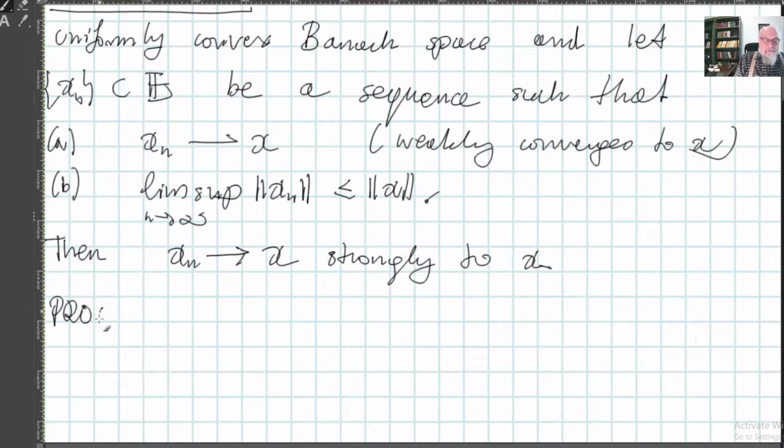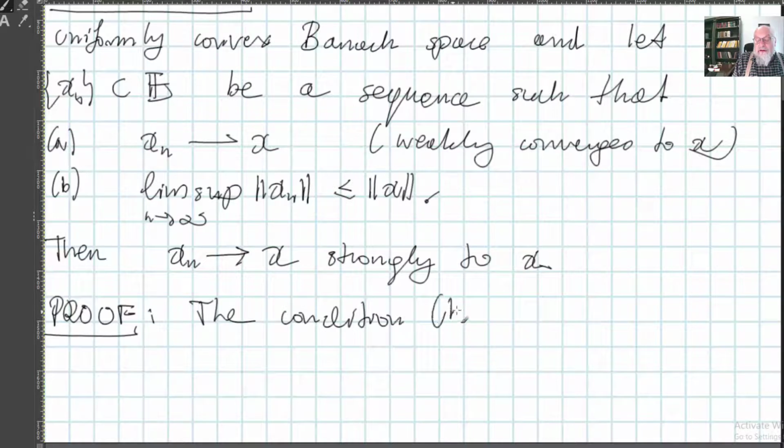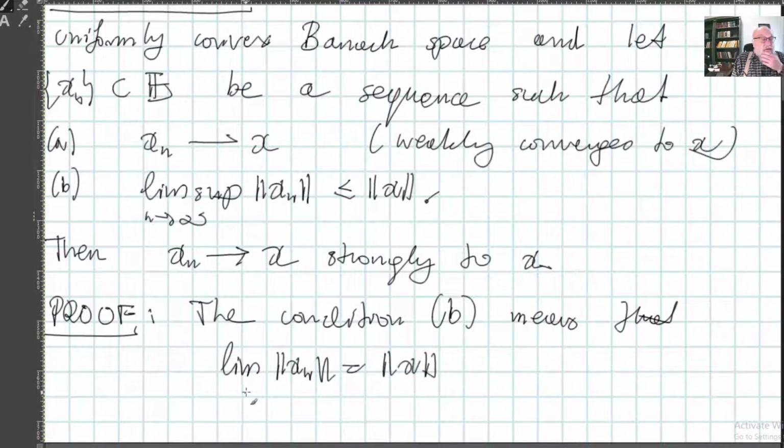Notice that the condition B means nothing else than that the limit of the norm of xn is equal to the norm of x. So we have that the sequence converges weakly to x, and the limit of the norm of xn is equal to the norm of the limit.